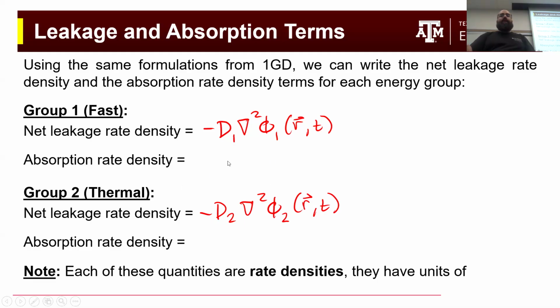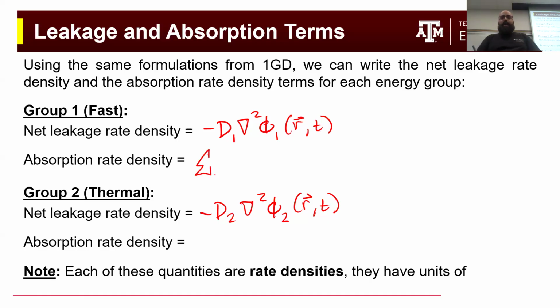And then I want my absorption rate density too. If I wanted the absorption rate density, what two quantities would I multiply together to get an absorption rate density? Yeah, macroscopic cross section of absorption times the flux.